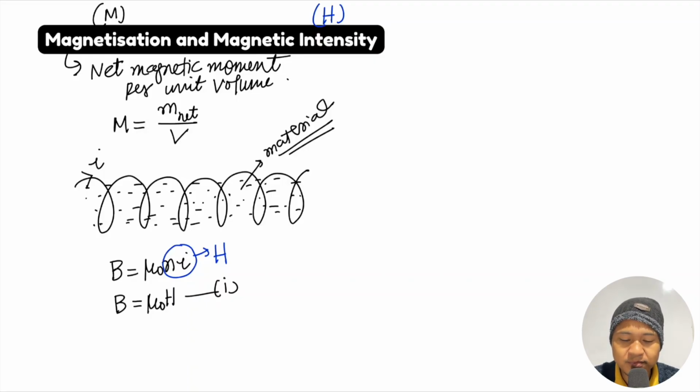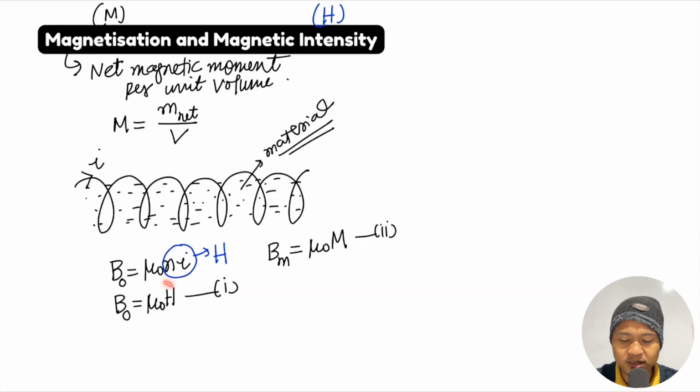So B naught is due to the current, and BM is due to the material medium, which is mu naught into capital M, the magnetization. This is given in NCERT.